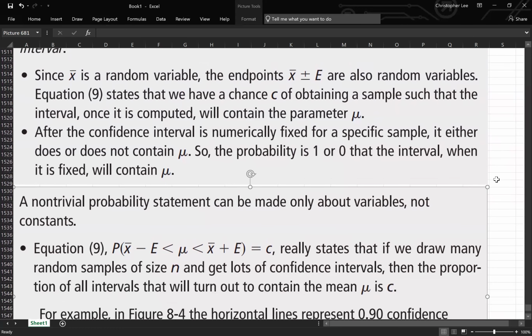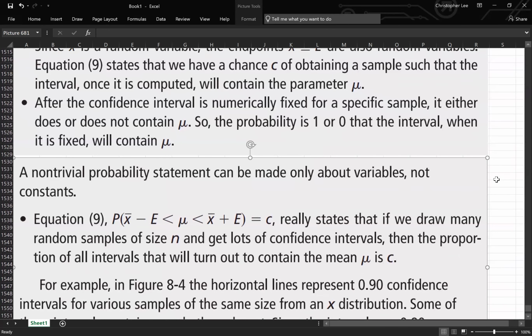So equation 9, which is the probability of X bar minus E less than mu less than X bar plus E equal to the confidence level, really states that if we draw many random samples of size n and get lots of confidence intervals, then the proportion of all the intervals that will turn out to contain the mean mu is the confidence level.